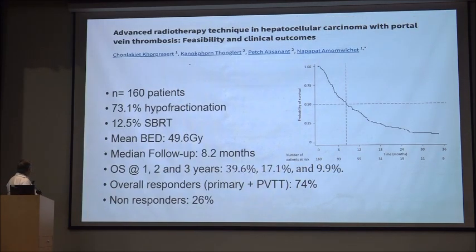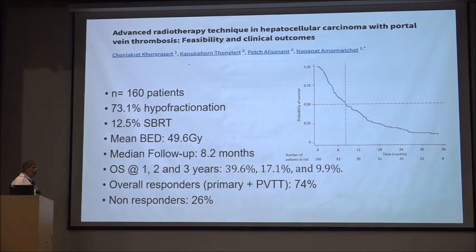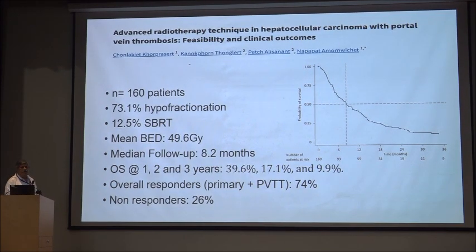This is another study in which 160 patients were taken. 73.1% were treated with hypofractionation. Hypofractionation is the process by which we treat the tumor mass with conventional radiotherapy that has a higher number of fractions, while 12.5% were given SBRT.